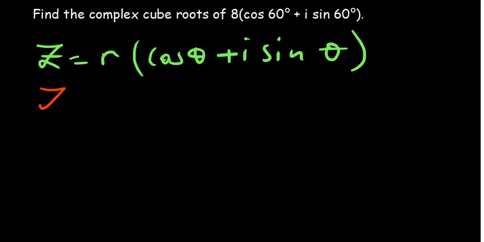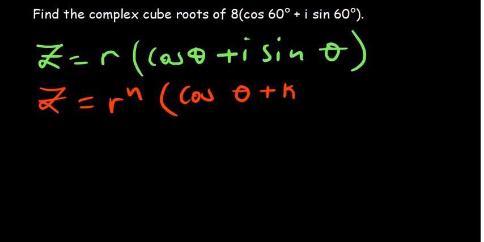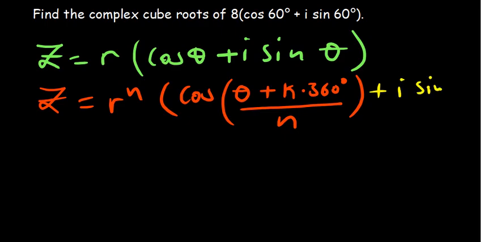So for our root, when finding a root, it's basically going to be r to the power 1/n, then cos of theta added with the number of rotations that you get to take. If it's in degrees, we can say 360. Of course, we don't know how many times you're going to rotate, we just say rotate k times. So this is supposed to be divided now by n. The same applies on the other side, i sine. So whatever I've indicated there is supposed to be shown the other side.